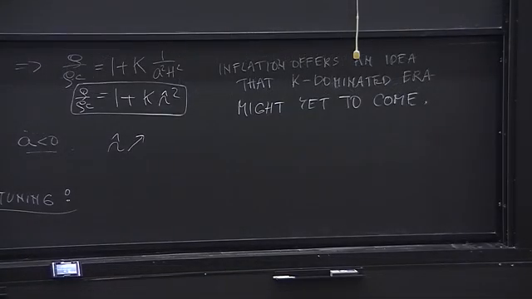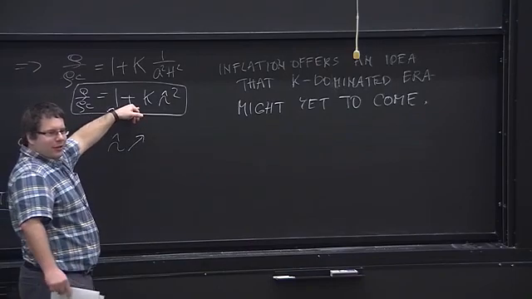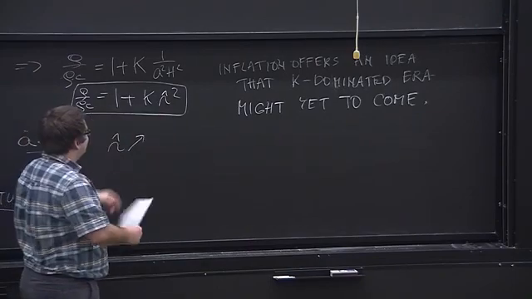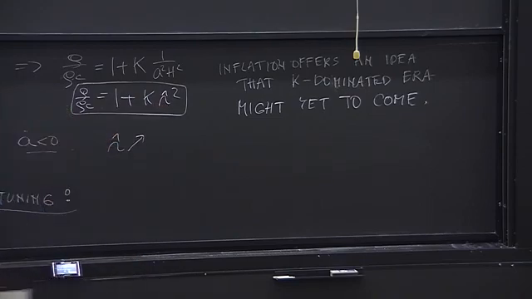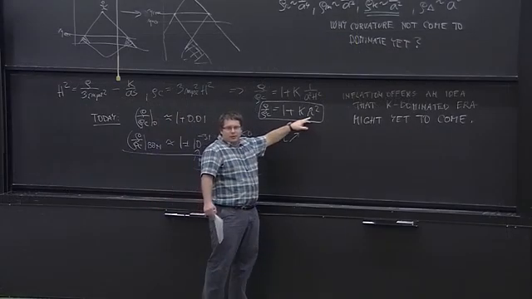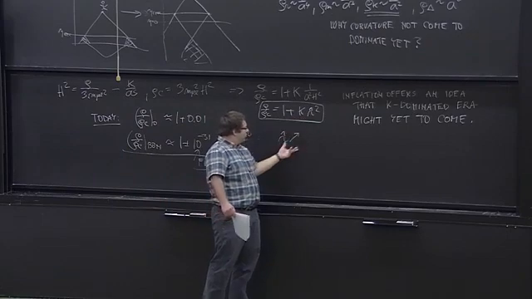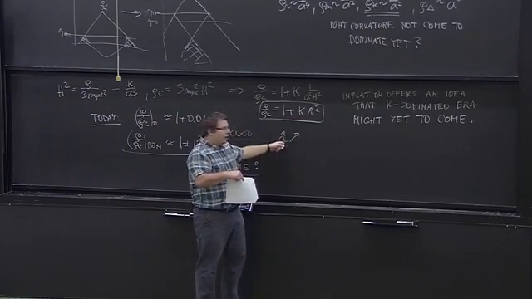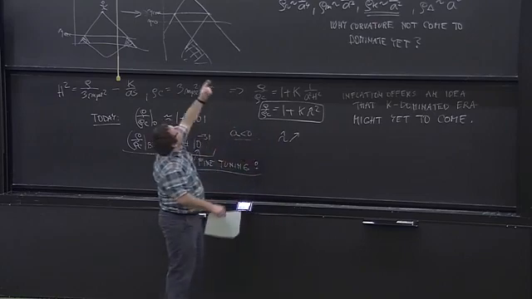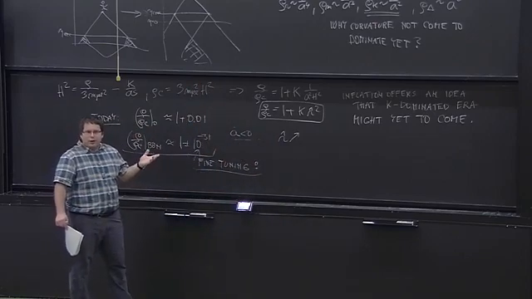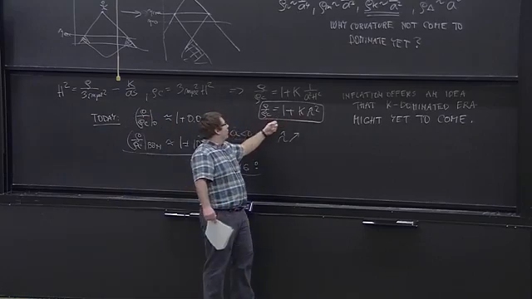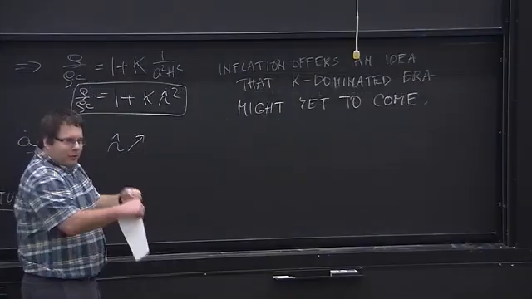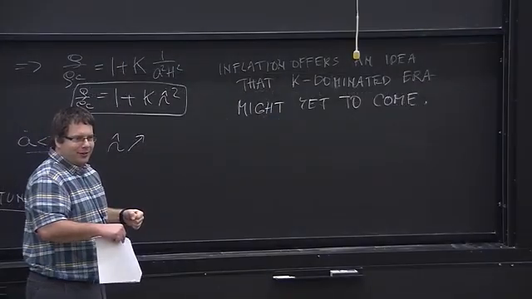Okay, so look at this equation. Now you know that this is something like this. So in the past, if we had only radiation, because as you are going to the past, R hat is decreasing. So for example, we are at R star before the radiation era. So this was much, much smaller. That means that rho over rho critical is basically 1 to much better precision in the past.